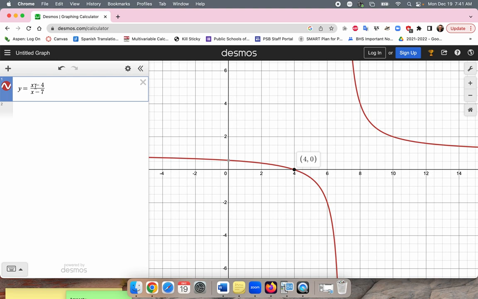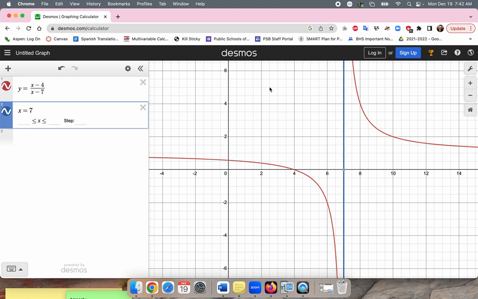That's not surprising because if you set this function equal to 0 and solve, you'll find x equals 4 is the x-intercept. But maybe more importantly, you can see that there's this vertical asymptote right here, and that's happening because the denominator of this function is going to be equal to 0 at x equals 7, which is the location of the vertical asymptote. So if I type x equals 7, you can see that's where the vertical asymptote is.